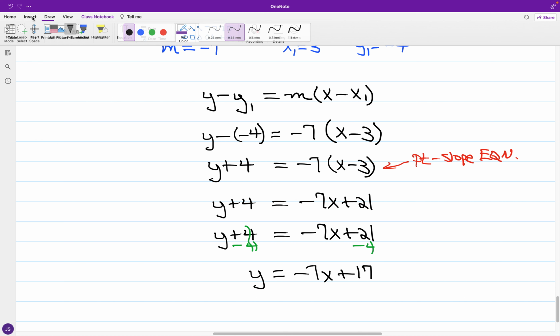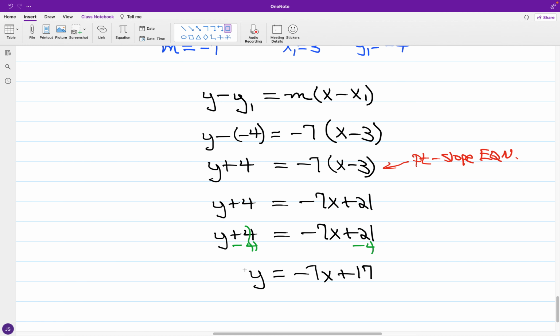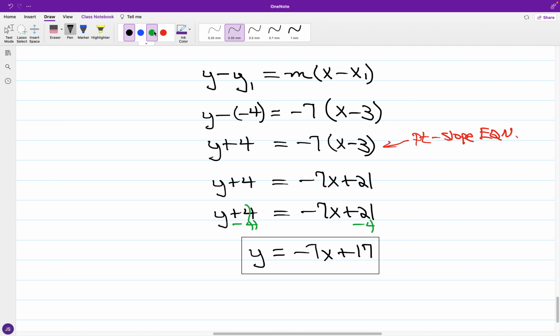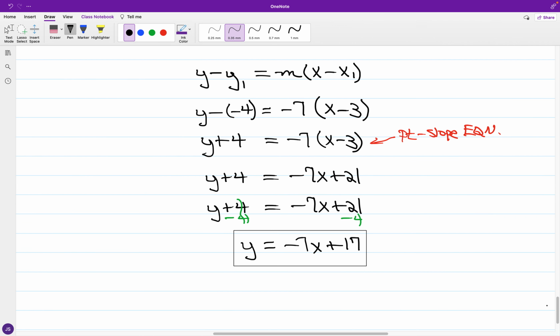And so that would be the slope-intercept equation for this particular line. The slope is at -7, and your y-intercept would be located at y equal to 17, or as an ordered pair at 0, 17.